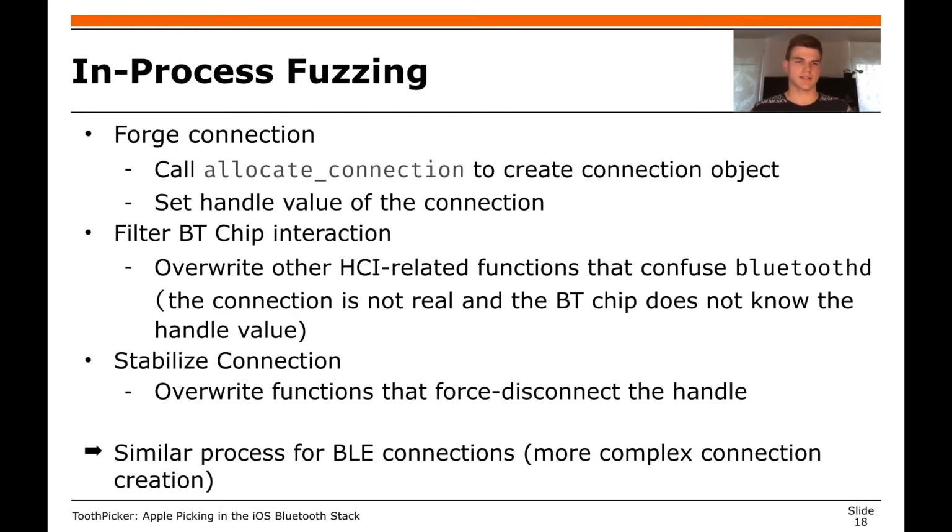As I said before, to forge a connection, we just call allocate connection to create a connection object. Then we set the handle value of this connection, and then we can start to fuzz. But we also need to do a few other things. Firstly, we need to filter some of the interaction between Bluetooth D and the Bluetooth chip.